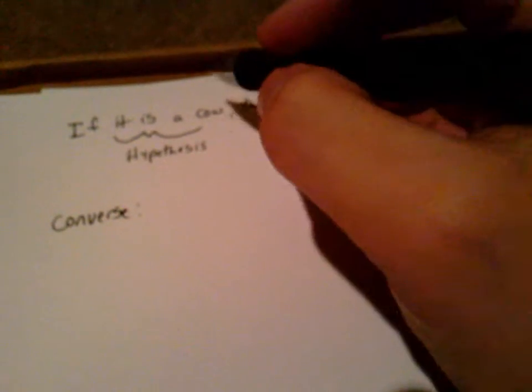Alright, so now, the first thing you guys know is the converse. What the converse does, guys, is it takes the hypothesis and it takes the conclusion and flips them around.